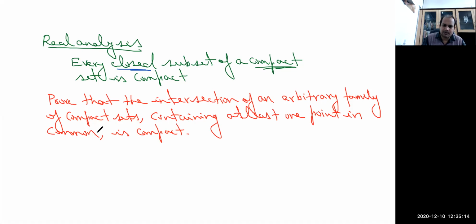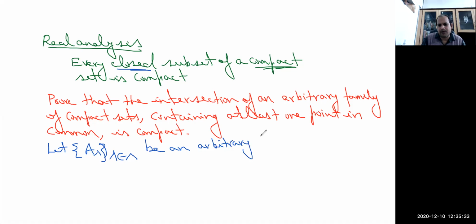So suppose A lambda, where lambda belongs to the index set, be an arbitrary family of compact sets. That is, each member of this family is a compact set.